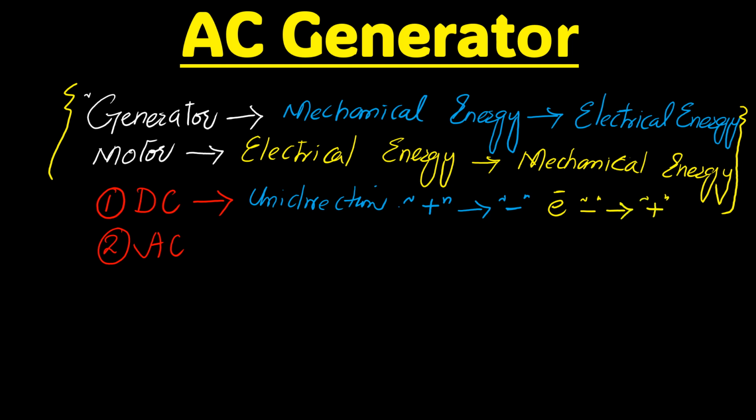So the generators which are based on direct current are known as DC generators.